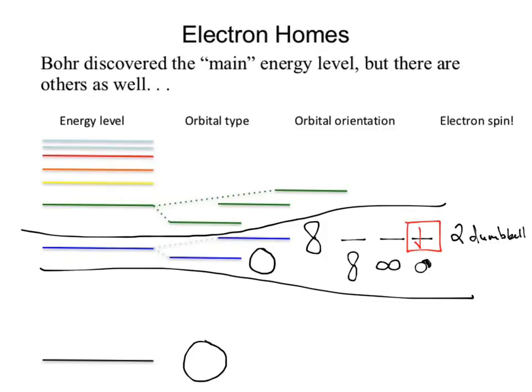How are we distinguishing between those 3? We'll get to that. There's 3 different orientations. How could I say which one of those dumbbells it was? Well, we did have X, Y, and Z axes. I could call that the 2 dumbbell Z axis, or the 2 dumbbell Y axis, or the 2 dumbbell X axis. That gets a bit redundant and difficult to manipulate because where is the X axis?